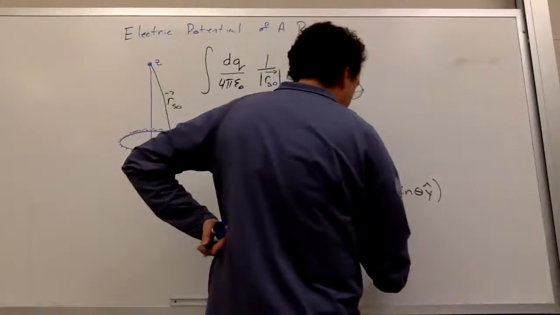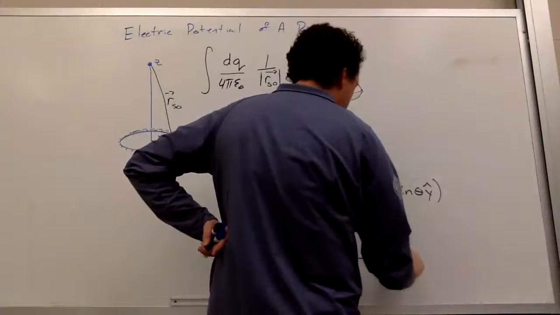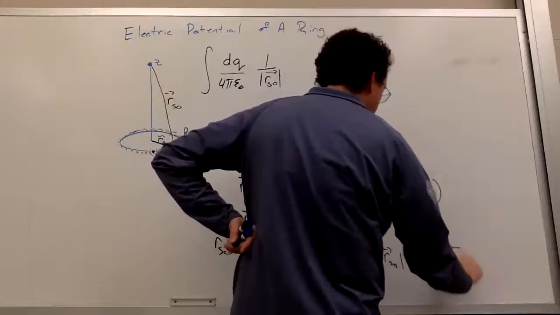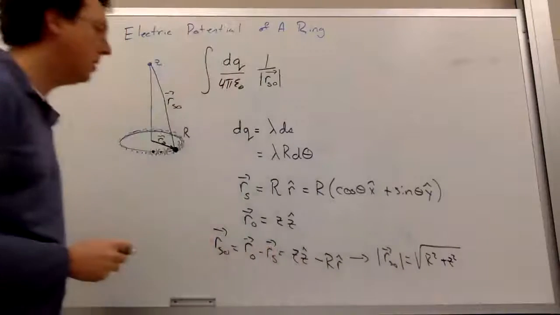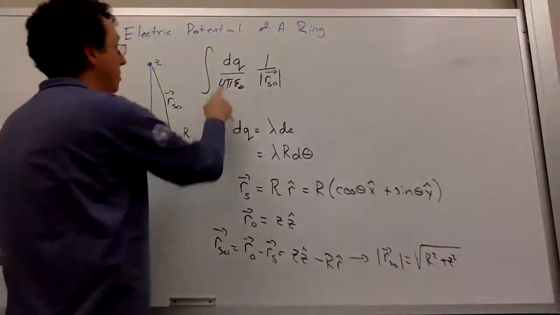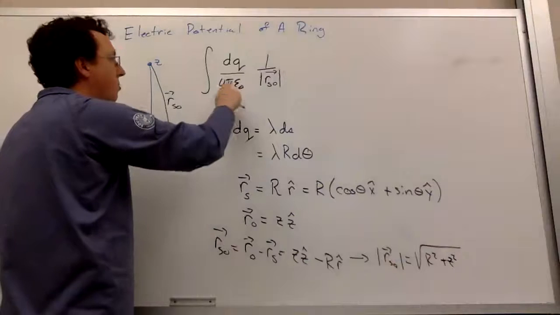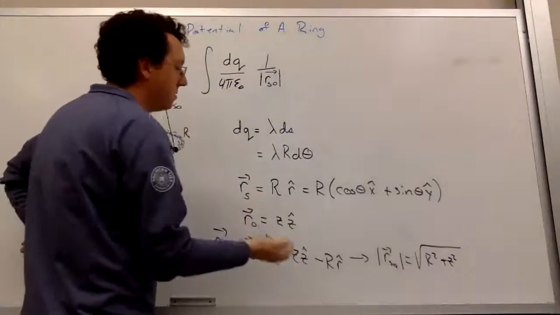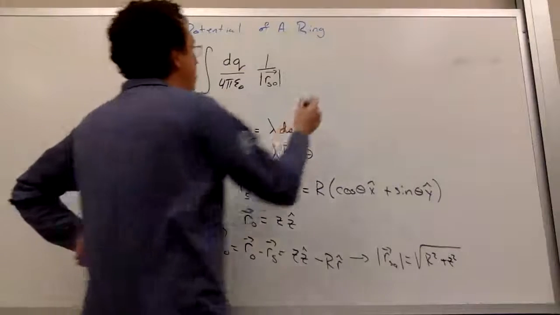Either way, we get magnitude RSO is simply the square root of R squared plus Z squared. Nice. So we have turned this abstract physics formula into something you could hand off to a mathematician and they would know how to interpret the symbols.